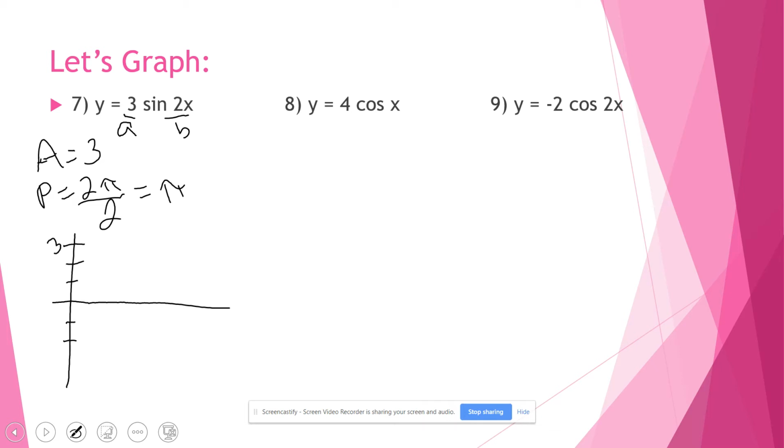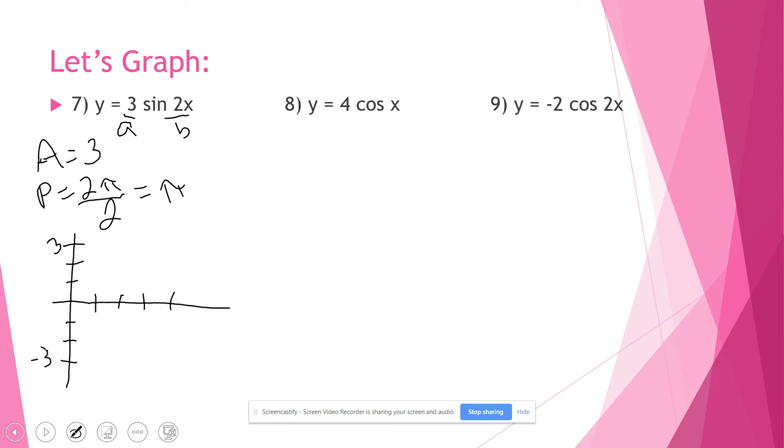So because my amplitude is 3, on the y-axis I need to go up 3 and down 3. On my x-axis, I will always have 4 points that I will need to have.